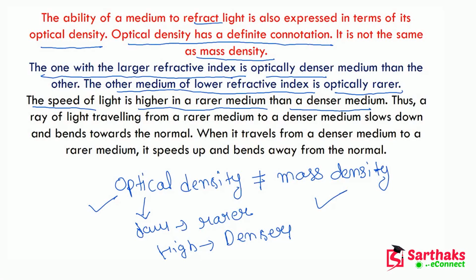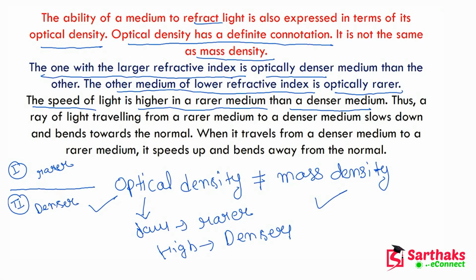Okay. So guys, it is very simple. For an example, let's suppose this is medium first and this is a rarer medium. Rarer medium means the particles are a little bit far away from each other. On the other hand, this is medium second and this is, let's suppose, a denser medium.